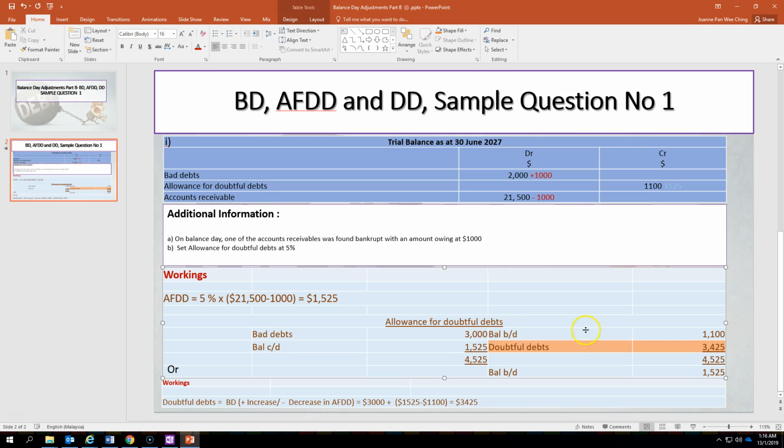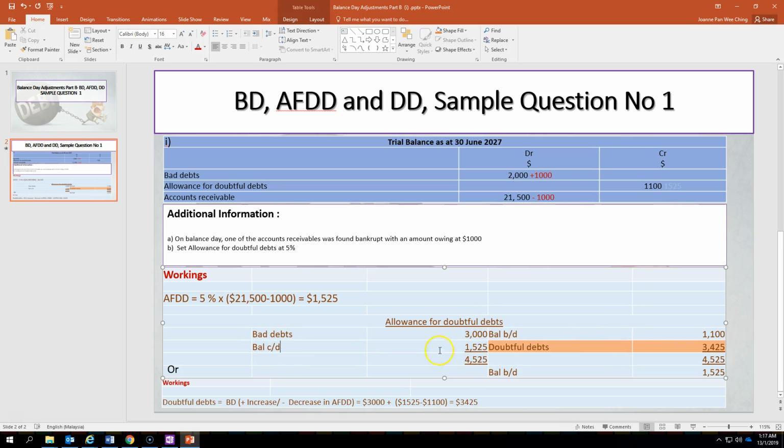Whichever way it is, you always begin with the opening balance. Whether your second step is the closing balance or bad debts doesn't matter. Always remember both of the items will be on the debit side. And if you're going to write balance CD, always write it on the second line.